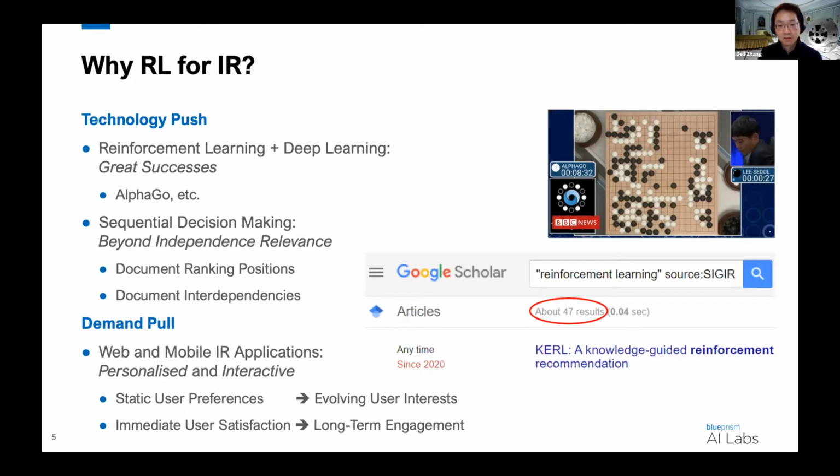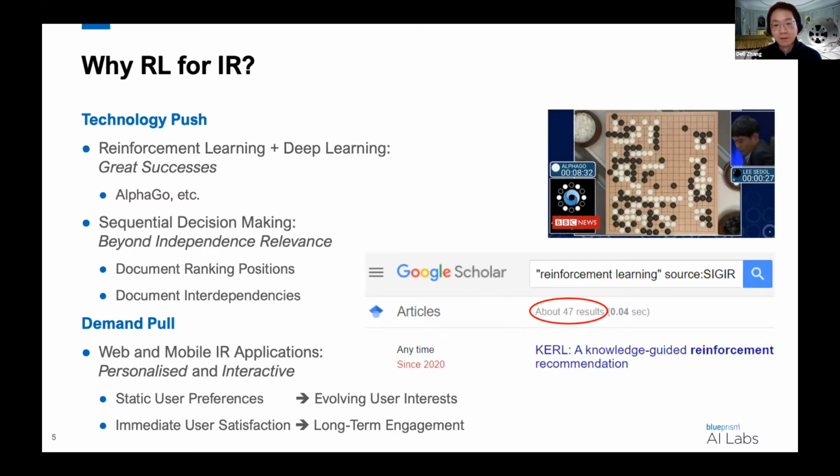For such applications of information retrieval, including search, recommendation, and advertising, we usually have user profiles, and the information retrieval service providers would be interested in optimizing not just the static user preferences, but also trying to capture the evolving dynamic user interests.